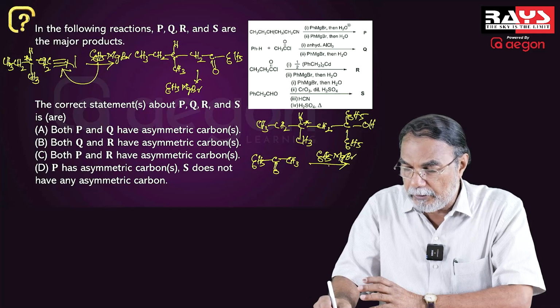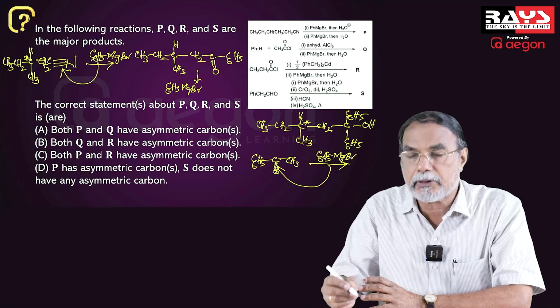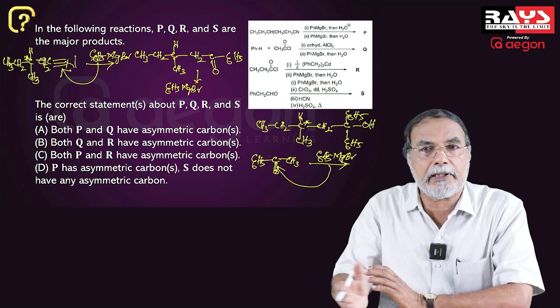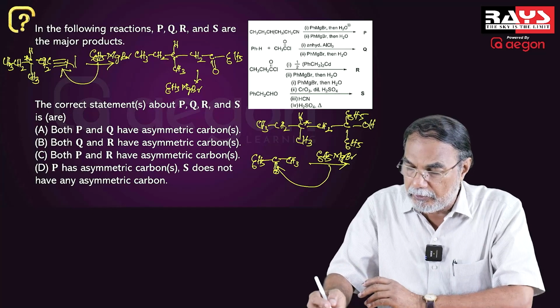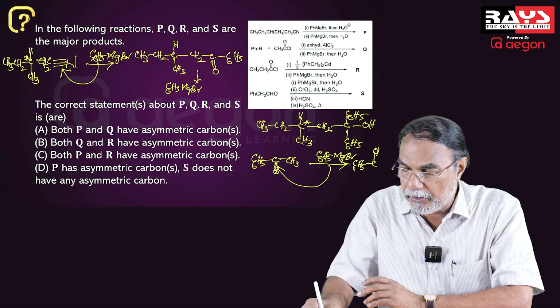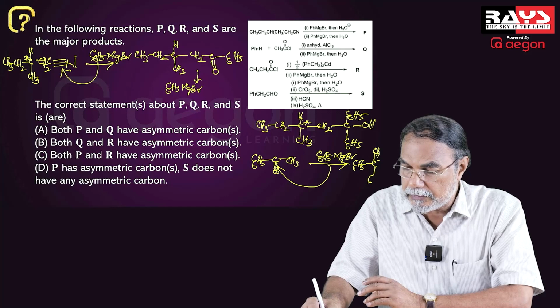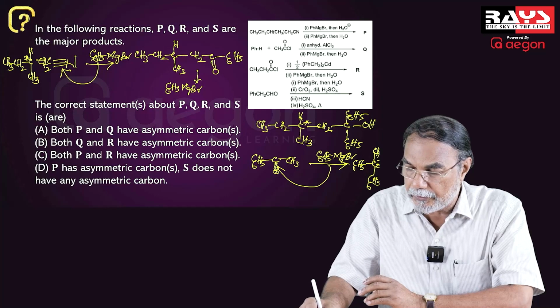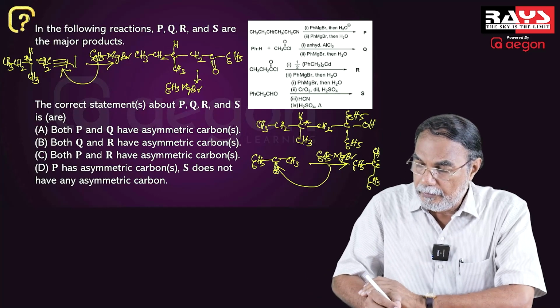The phenyl magnesium bromide is added to the carbonyl group. It's again nucleophilic addition to the carbonyl group, and you have the product C6H5, C, already CH3 is here, then C6H5, hydrolysis gives OH, here you have the OH group.